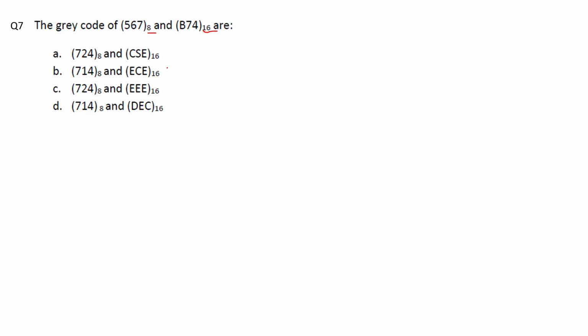The people making these questions are quite smart, and they'll put options like that, so you think you have done it correctly. So always read the question twice. Here the number is octal, and here the number is hexadecimal, and we need to find the gray codes of both of them. So first we'll take 567.